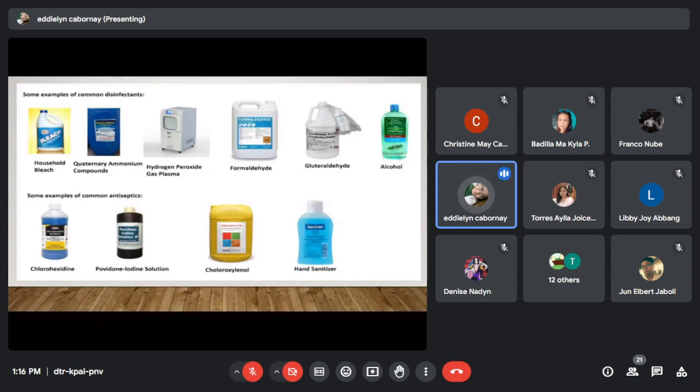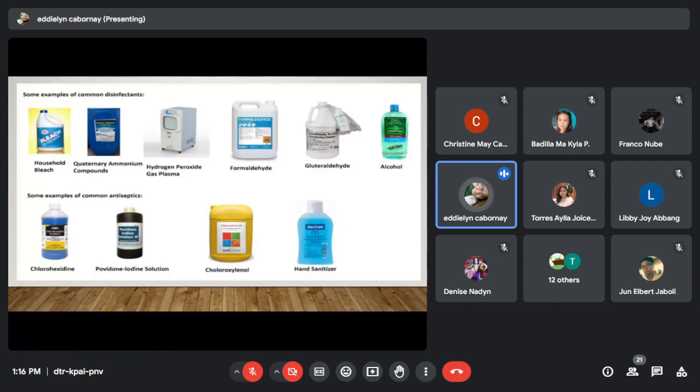So in disinfectants, we have bleach, like Zonrox, and then quaternary ammonium compounds, hydrogen peroxide, formaldehyde, or ethylene oxide.